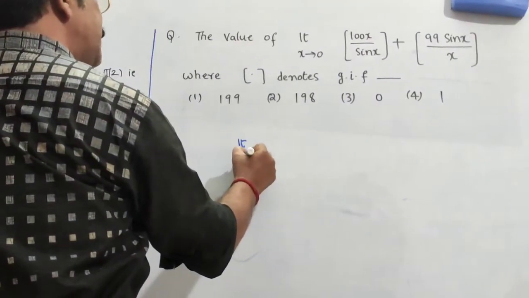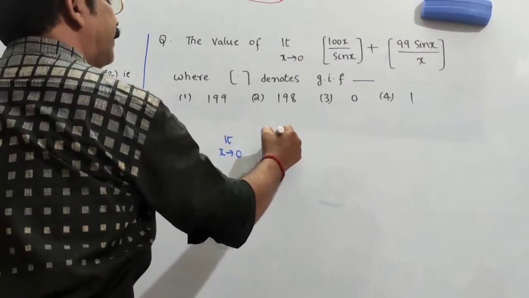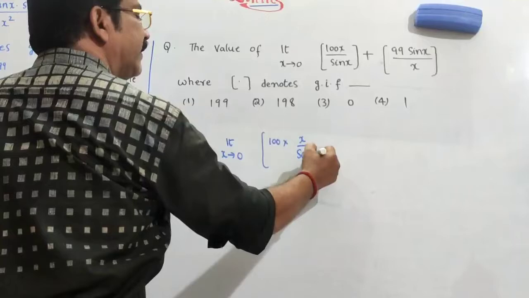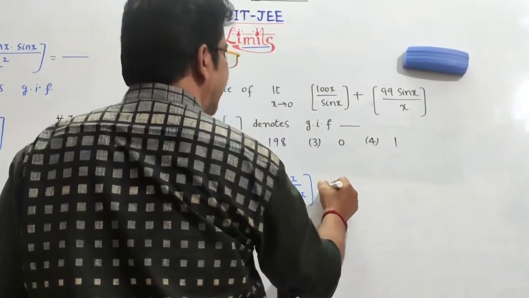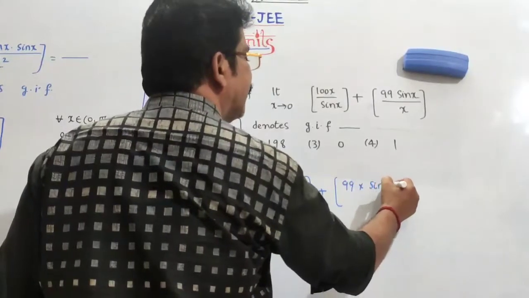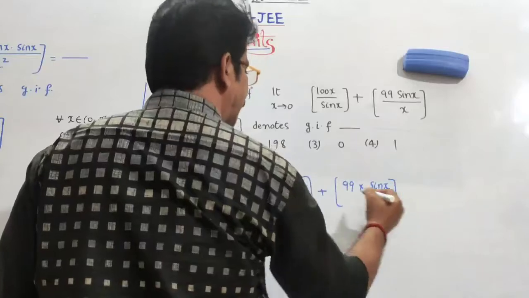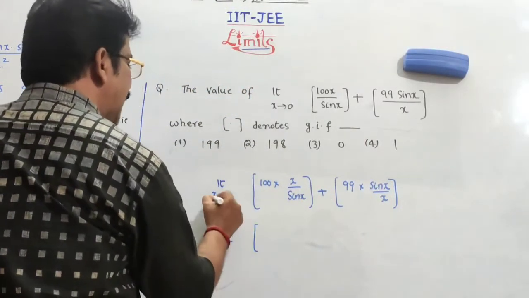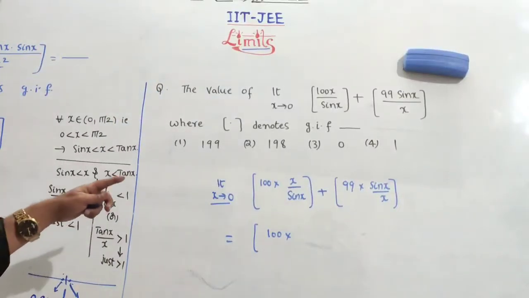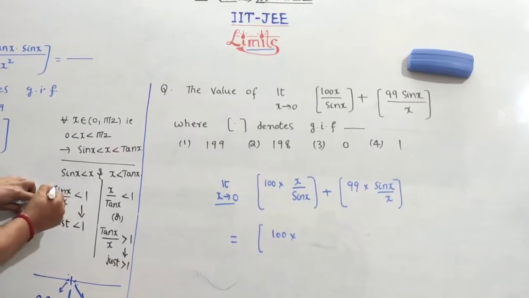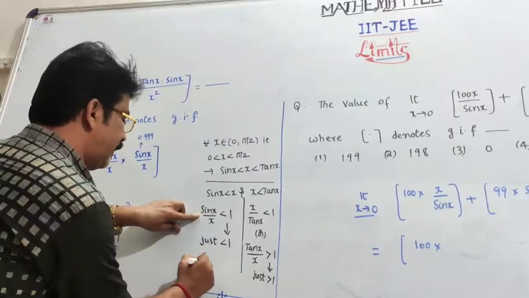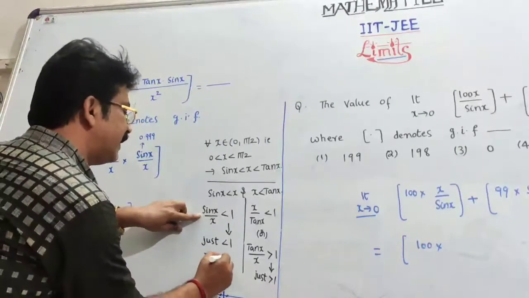Limit x tends to 0, box of 100 into x divided by sin x, plus box of 99 into sin x divided by x. So that is equal to, as x tends to 0, this value 100 into x divided by sin x. Here you come here. Sin x divided by x is less than 1. Its reciprocal, x divided by sin x, is greater than 1.